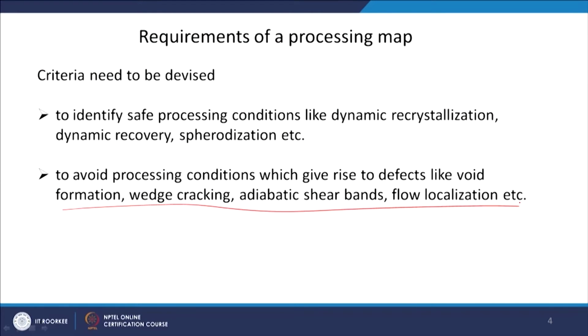This is the requirement of a model or a processing map: it should be able to identify these two important considerations, safe processing conditions and unsafe processing conditions.